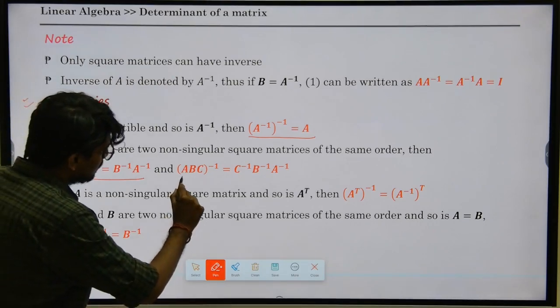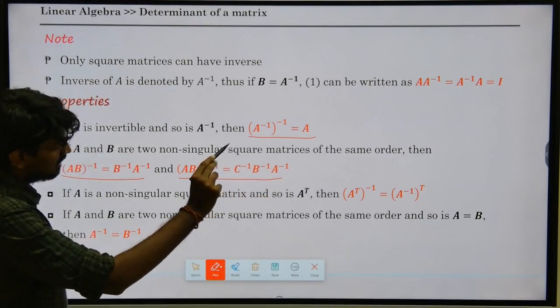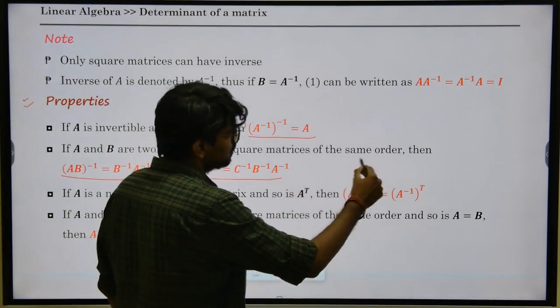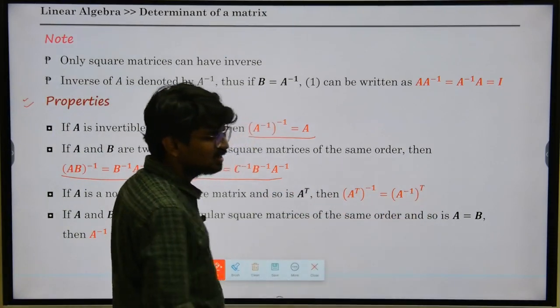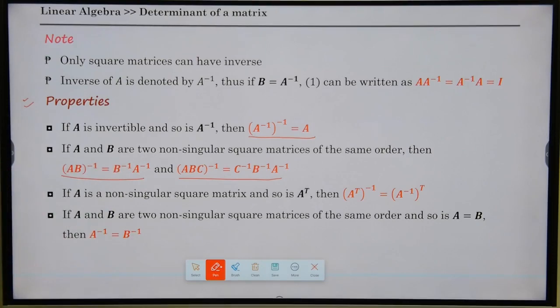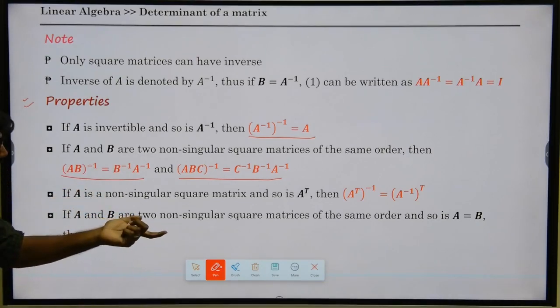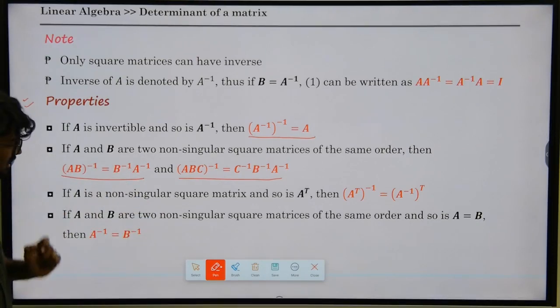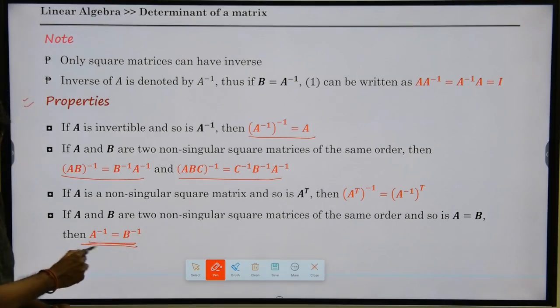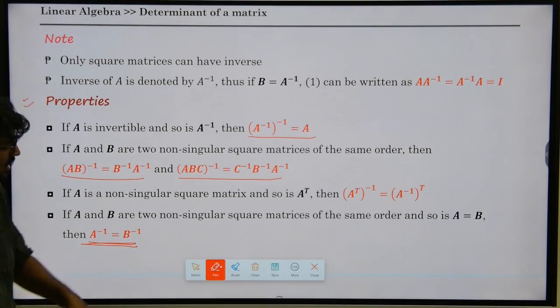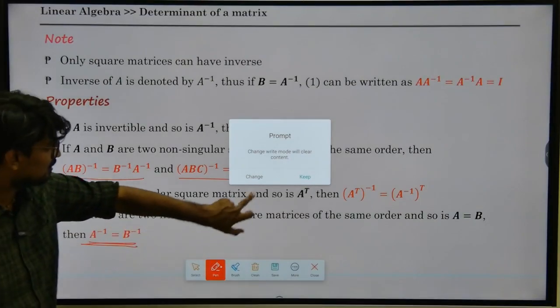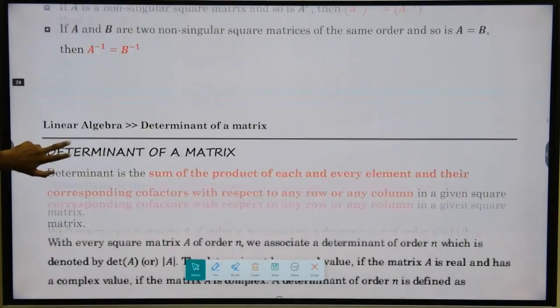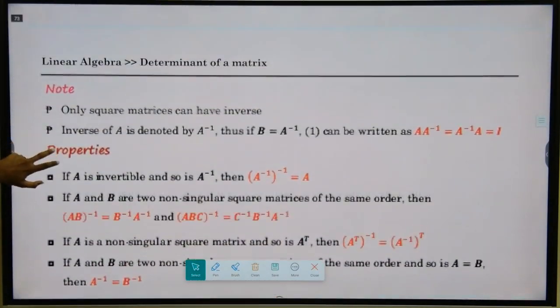ABC whole inverse equals C inverse B inverse A inverse. And A transpose whole inverse will be equal to A inverse whole transpose, which I have already given you. Then if A and B are non-singular matrices, then A inverse and B inverse should be the same. They are again pretty straightforward properties. And determinant of matrix, you will see later.